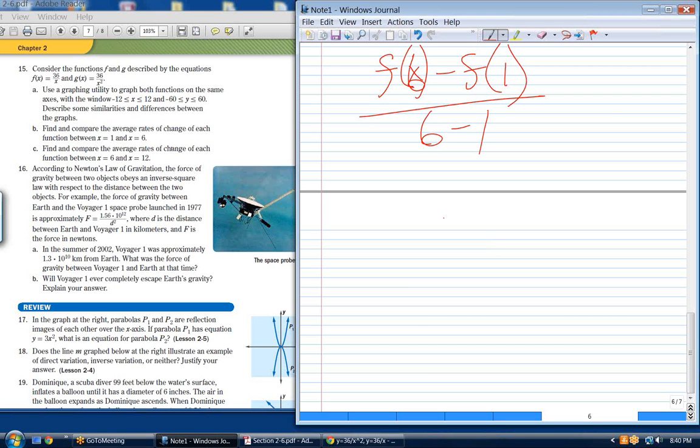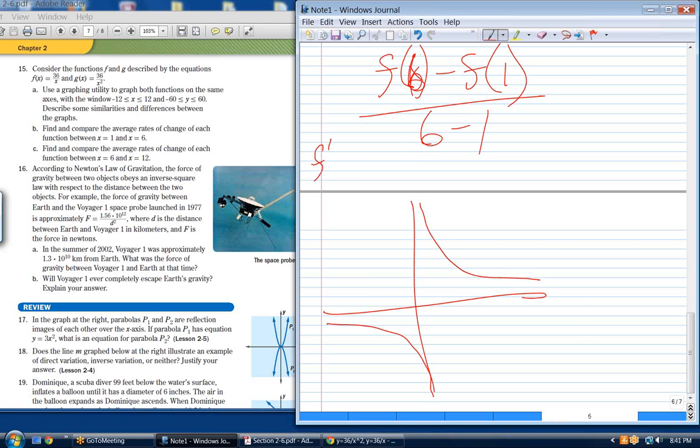Now, when I look at a function, the average rate of change, I'm looking at 36 over x. Well, what is f of 6?